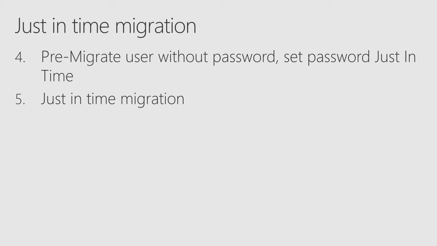I'll show you immediately. In the fifth approach, we don't even run the pre-migration. When the user tries to sign in or sign up, we immediately create the user and let the user sign into the system. Let me show you.